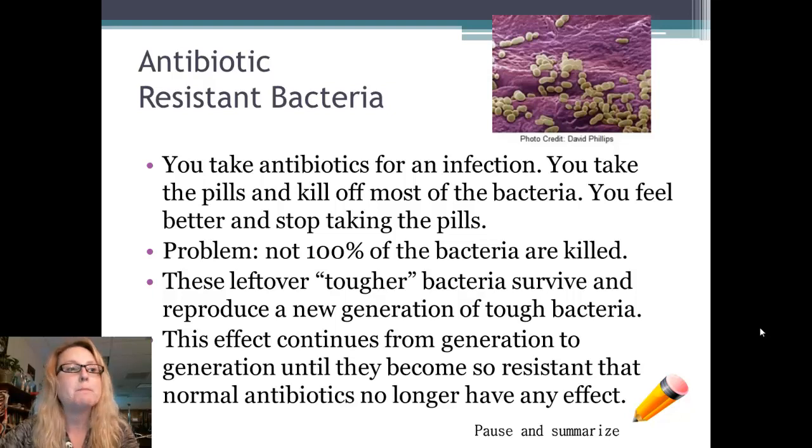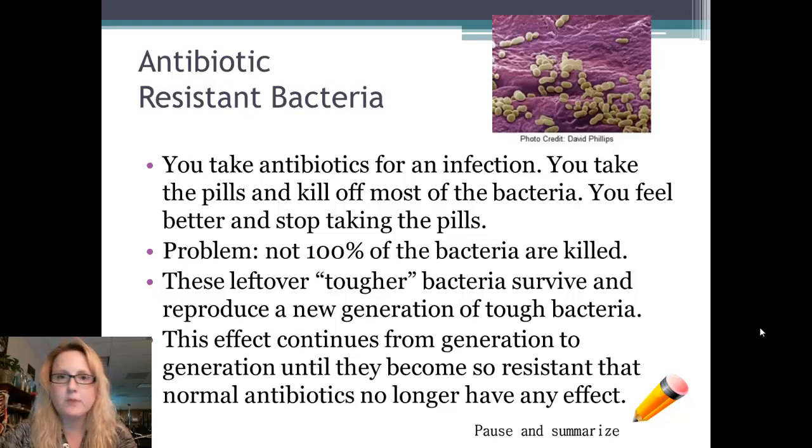In fact, maybe some of the bacteria had genes that made them somewhat resistant to the medication. In other words, maybe some of the bacteria was tougher than the rest. These tougher bacteria were the only ones that survived, which means they will now be the ones reproducing and creating a new population full of bacteria very similar to themselves, tough bacteria.